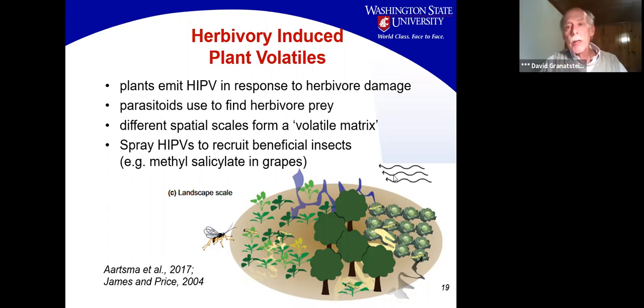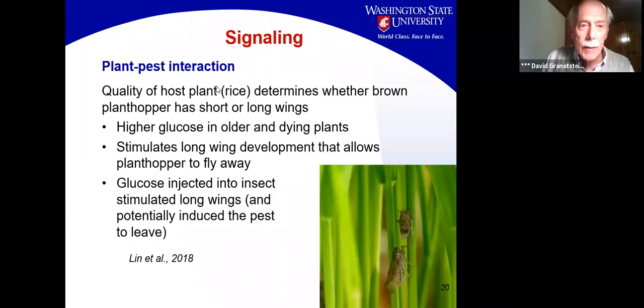And they trigger a response by parasitoids to the pest that has just eaten them. And it essentially draws some of those parasitoids or beneficial insects in to try to attack the pests and get rid of that infestation. So this is an area that there's some really good evidence that we can do some things here, but when we start looking at landscape level with multiple crops, it gets incredibly complicated. And I'd say we're not really there yet.